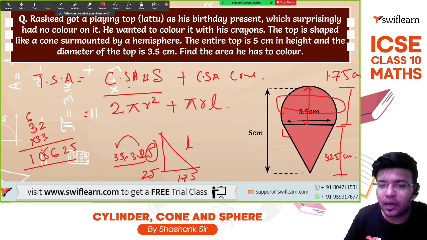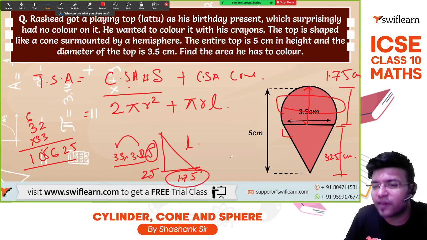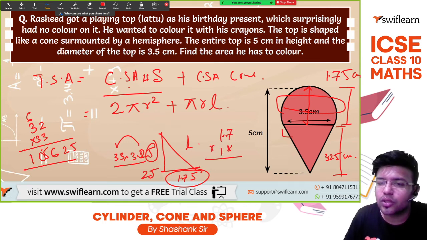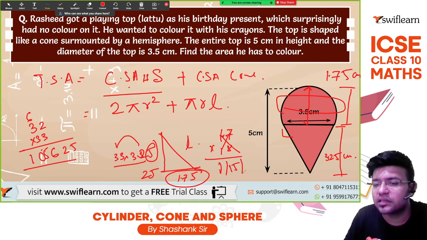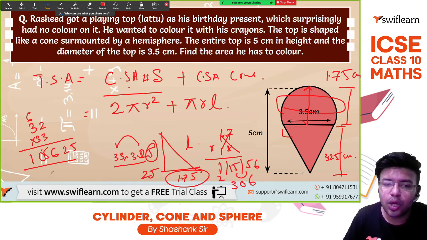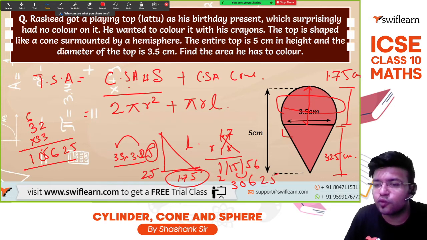And for 1.75, again the same thing. 1.75 is 17, and the next number is 18. So 1 into 1 is 1, 8 plus 7 is 15, 7 eights are 56, 2 is carried, 306 and 25, so 30625.